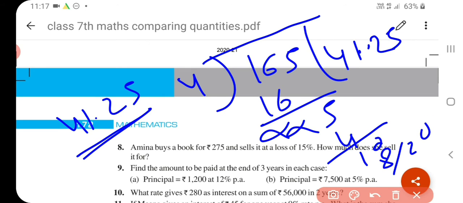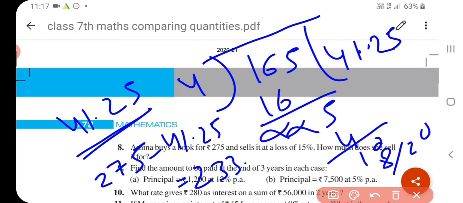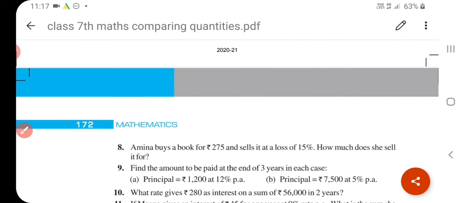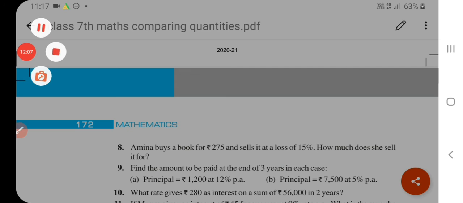It's your loss. Okay, and what is the selling price? It is 275 minus 41.25. So you can get your answer, that is 233.75. The answer is selling price is 233.75. Okay, understand? So this way you complete question number 8.